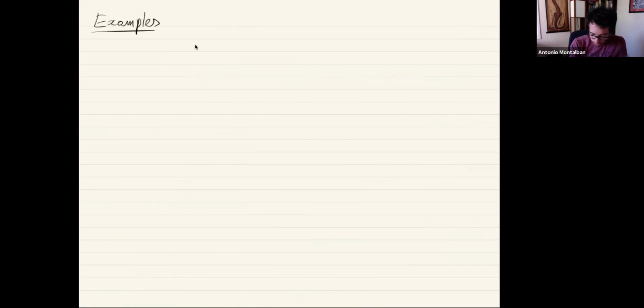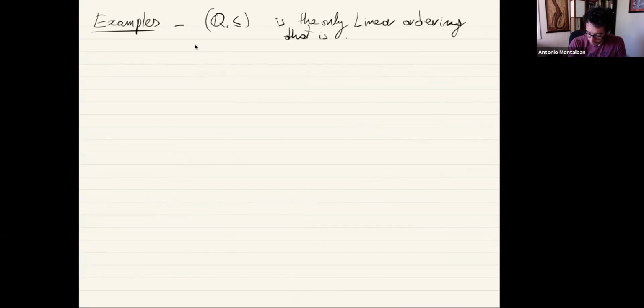Well, okay, so the rationals with less than or equal, we mentioned this before. Well, we mentioned it for rank. It is the only linear ordering that is E atomic.